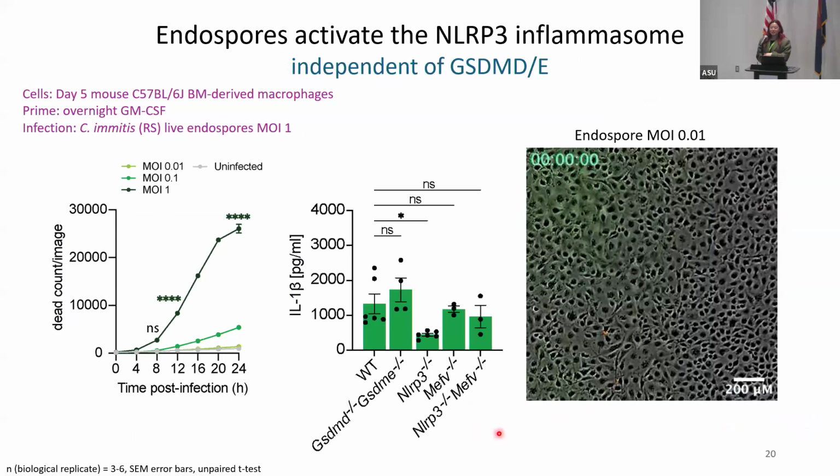But since macrophages responded so strongly to both post-burst cultures, we hypothesized that they're responding to these released endospores. To test this, we infected wild-type macrophages with live endospores isolated from these post-burst cultures. At an MOI of 1, we can see that they are able to induce a lot of cell death, and they are also able to release IL-1 beta, but this was dependent on NLRP3 and not gasdermin D, E, or pyrin.